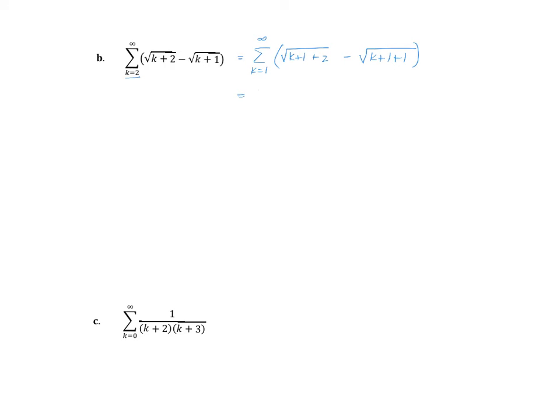In other words, this is the sum k is equal to 1 to infinity of the square root of k plus 3 minus the square root of k plus 2. My S sub n, I'm just going to go ahead and expand this out to the n terms. So when k is equal to 1, this is the square root of 4 minus the square root of 3.